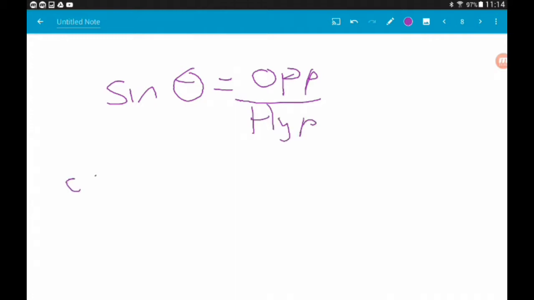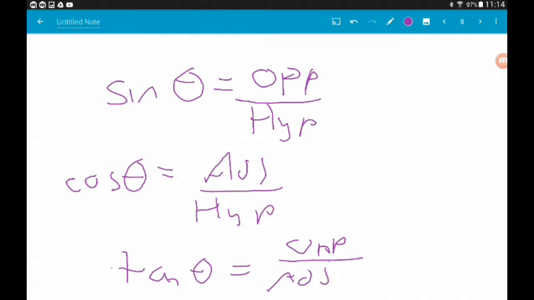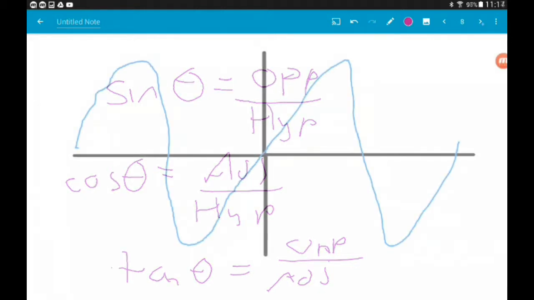Cos of theta is the adjacent divided by the hypotenuse, and tan of theta is the opposite divided by the adjacent. So, first up, we're going to look at sine of theta.